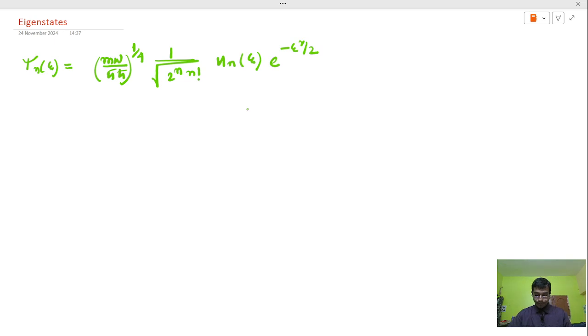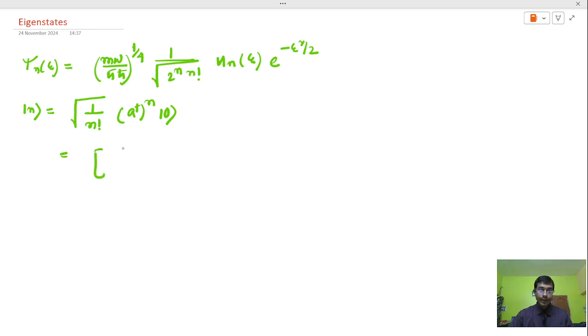This is our energy eigenfunction, and we have deduced some state here, that ket n is basically root over 1 by n factorial, a dagger to the power n, ket 0.